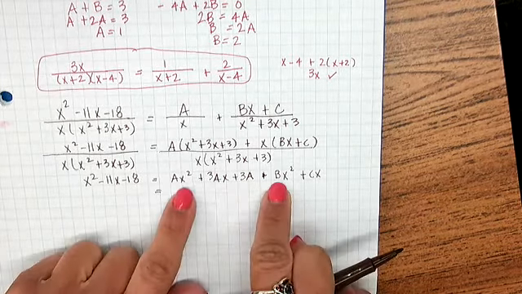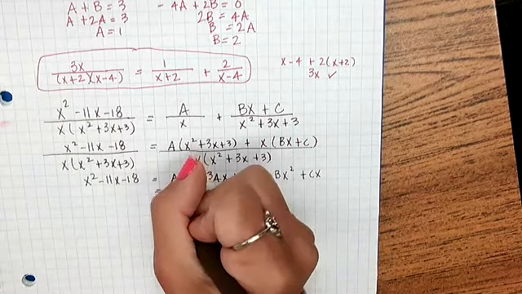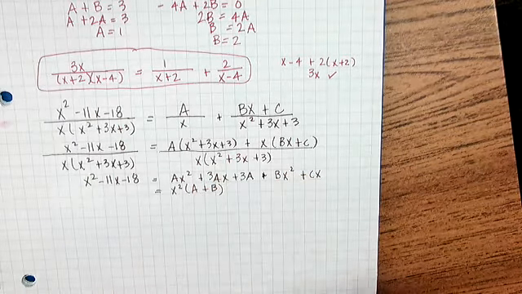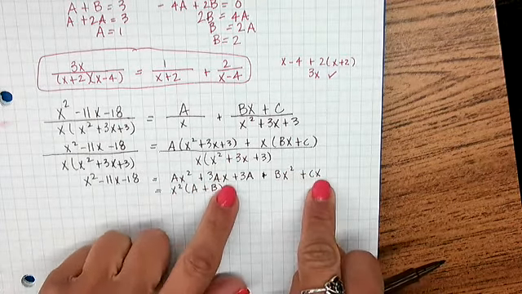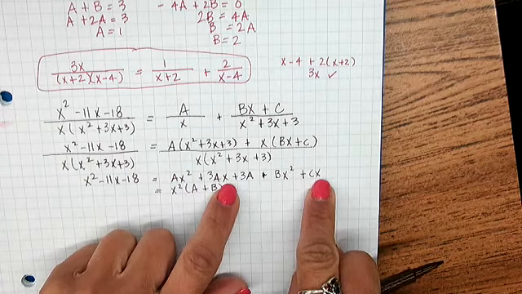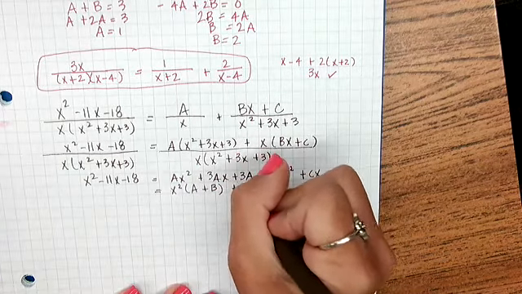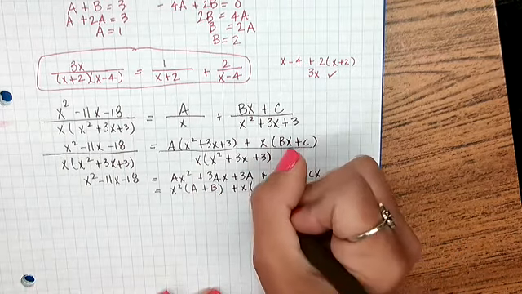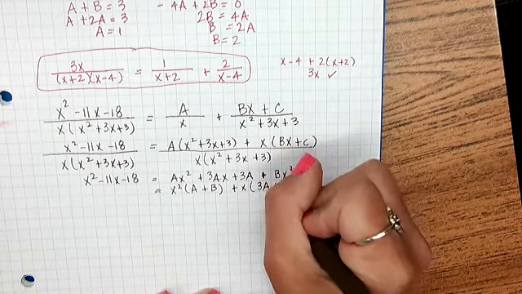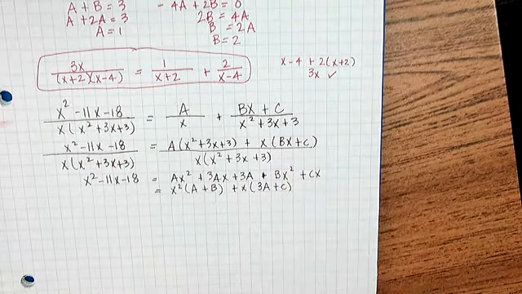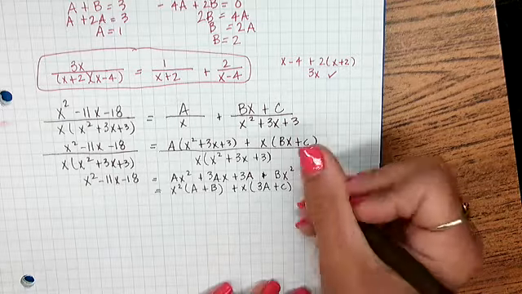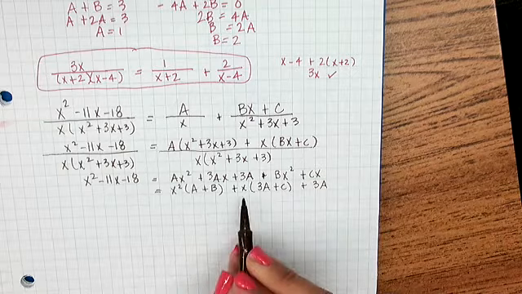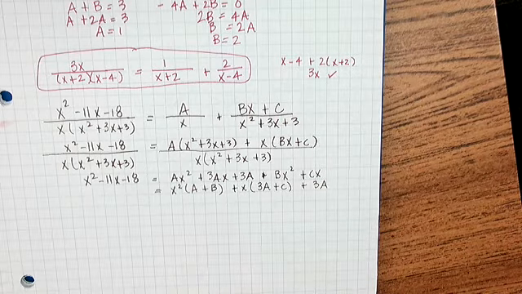So if I group my x squareds, I'm left with a plus b. If I group my x's, factor out an x, and you are left with 3a plus c. And then I have a lowly 3a.